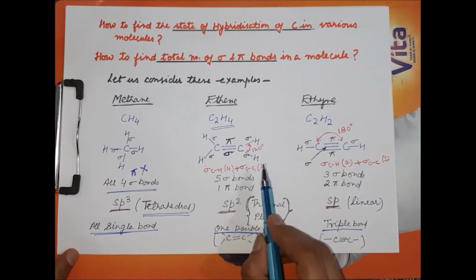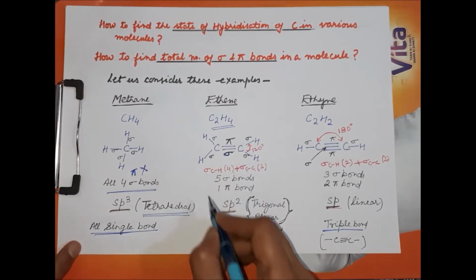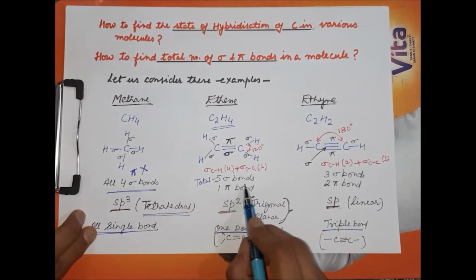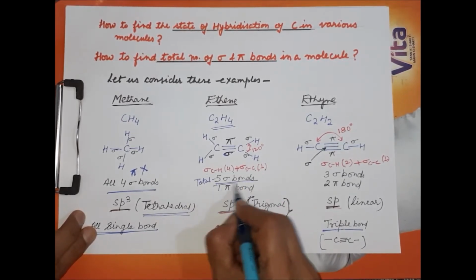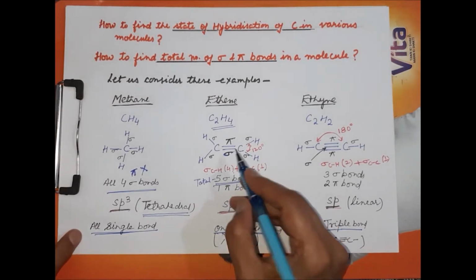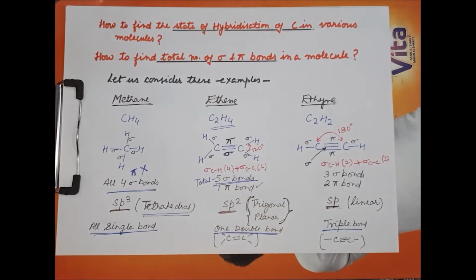So this is 1. So in total, this ethene molecule will have 5 sigma bonds, 4 plus 1. And how many pi bonds? Only this 1 pi bond is there.